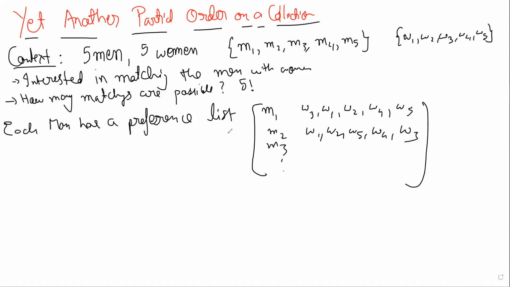Okay, so I have given you 5 men, 5 women, and the collection that we're interested in is the collection of all matchings. Now the task for you is to introduce a partial order on the collection of all matchings.